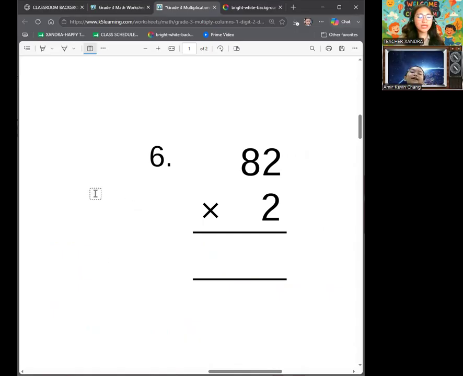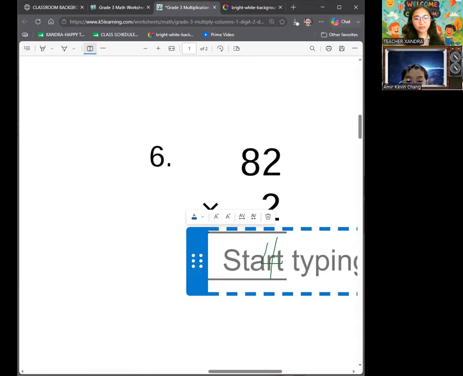Okay, so this one is easy, since you are multiplying a number by just 2. 2 times 2 equals 4. And then 8 times 2 is 16. Okay, final answer, that would be what? 106? Oh, wait.